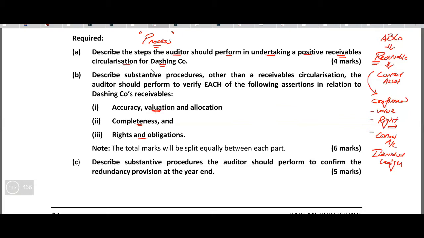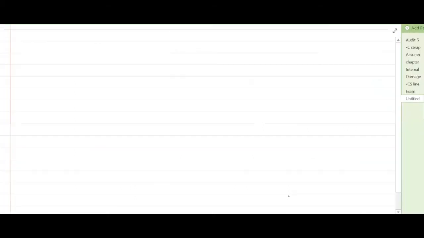First of all, you have to take the permission from the management to perform the receivable circularization. This is the first step, because these are not your receivables, these are the receivables of the company. Once they have granted you the permission, now let's write these things over here. Receivable circularization.